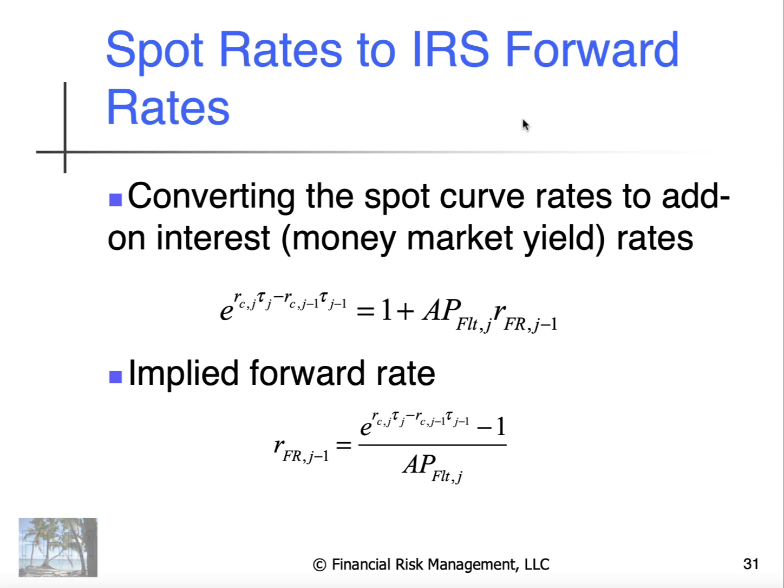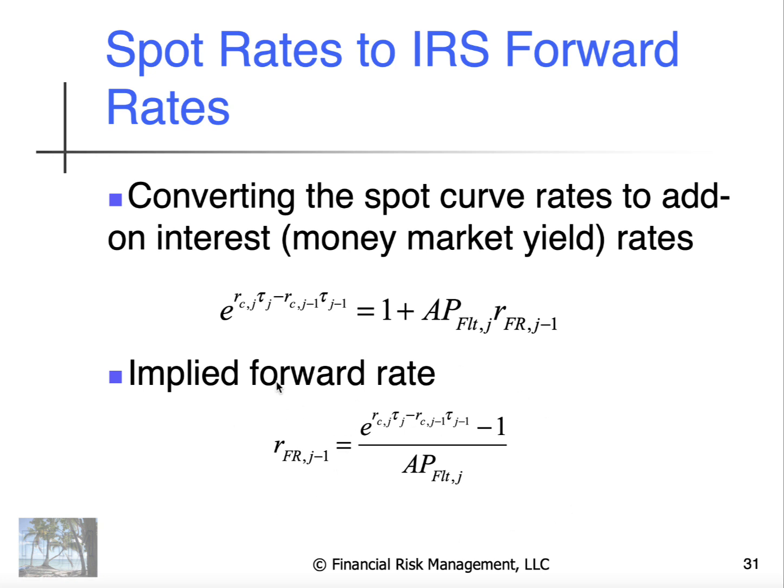For spot rates and forward rates, if we have continuously compounded spot rates, we can compute an inferred annually compounded, discretely compounded rate with this formula. And the implied forward rate can be solved for.